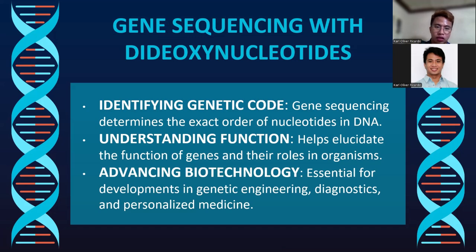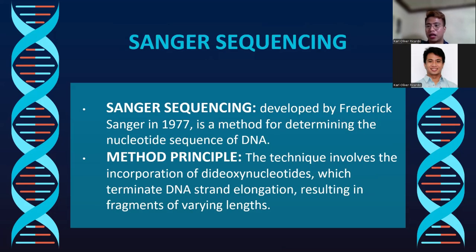So gene sequencing with dideoxynucleotides can be called Sanger sequencing. Sanger sequencing was developed by Frederick Sanger in 1977, which is a method for determining the nucleotide sequence of DNA. The role of our dideoxynucleotides is that they are incorporated into the DNA strand during replication, which halts further elongation.